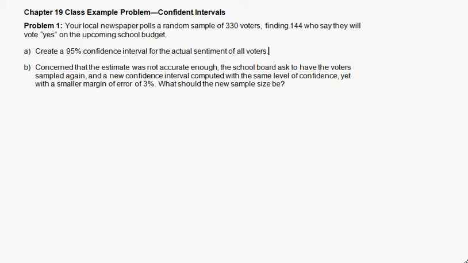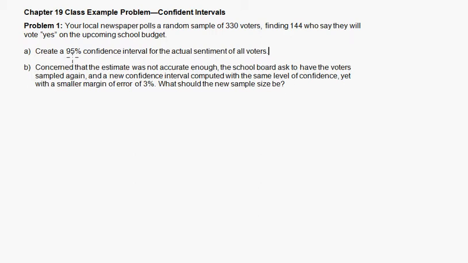Okay, here's a follow-on problem to the first class example I have. And what I want to do is look at part B. Concerned that the estimate was not accurate enough, the school board asked to have the voters sampled again and a new confidence interval computed with the same level of confidence.